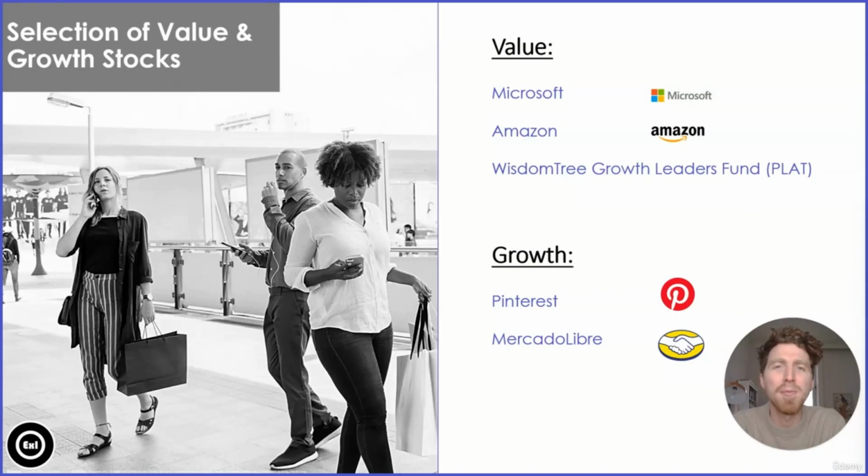Let's have a look at some value and growth stocks within the digital platform business. If we start with value stocks, one company to name here is Microsoft. Microsoft, despite being a quite old company, they're always reinventing themselves and they're still super innovative and still growing.